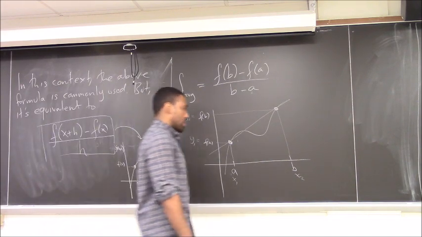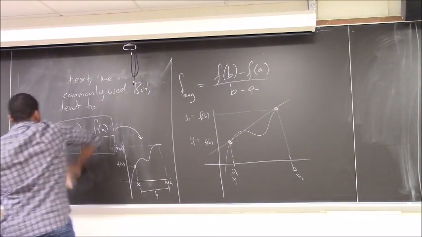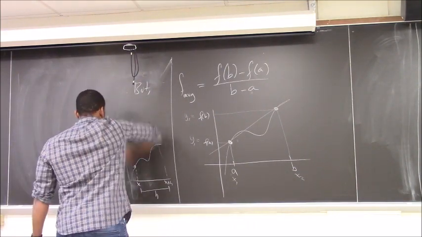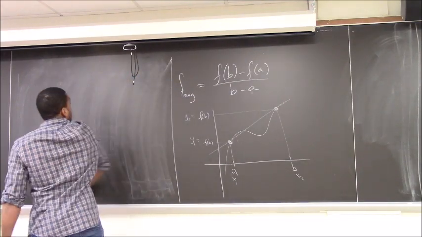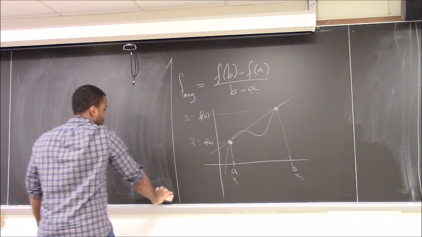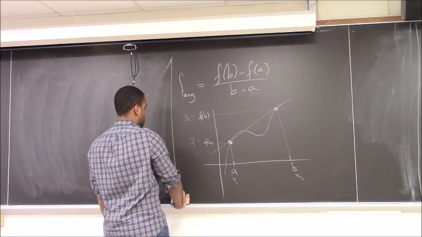So one kind of question I would ask here, and so it's sort of going to be asked in this form, is I'll give you a function, and I'll ask you to find the average rate of change of that function.